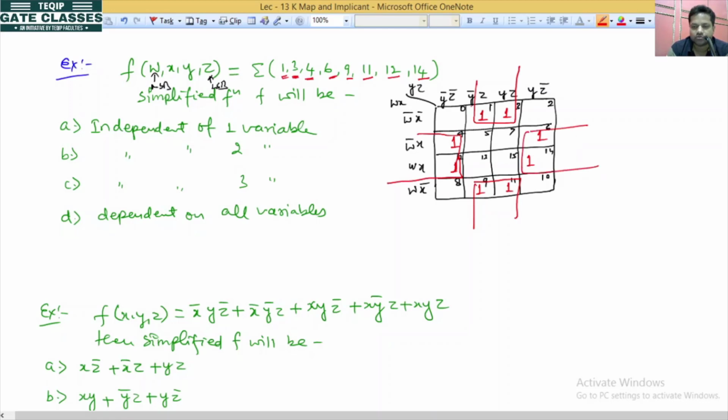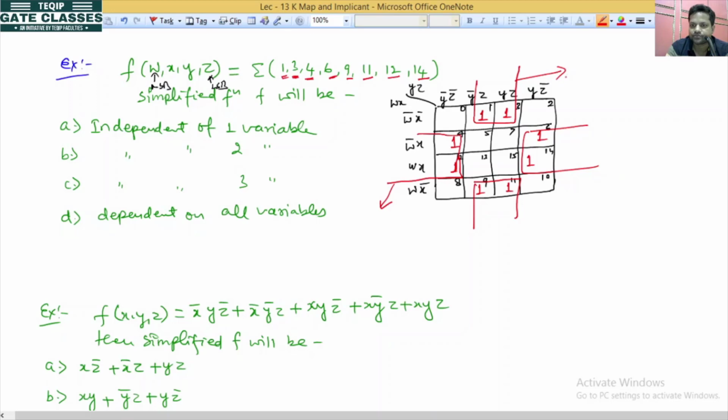Okay? So how many quads are possible? Two quads are possible. One quad is these two grouped with these two, and the other quad is these two grouped with these two. So total two quads are formed here.